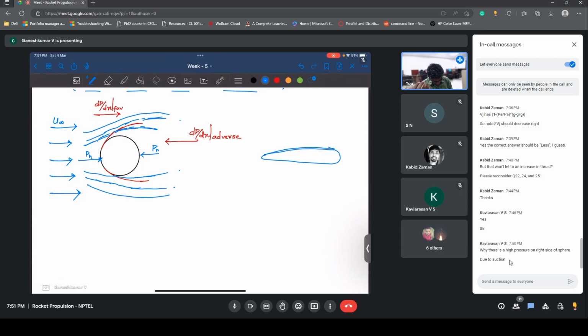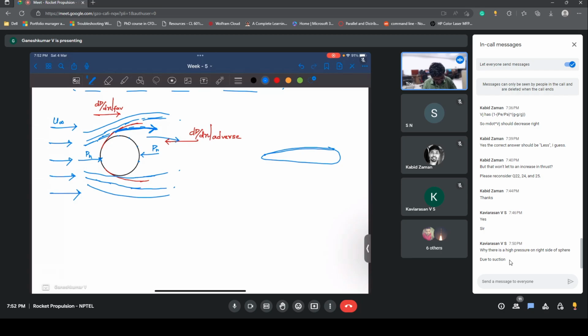Now the flow is fully accelerated in this direction, and I have to maintain a no-slip boundary condition here. It cannot wrap around it and go out, right? So there is one force which is accelerating in the positive direction. Now it has to leave the surface, because only then can it go downstream, right?